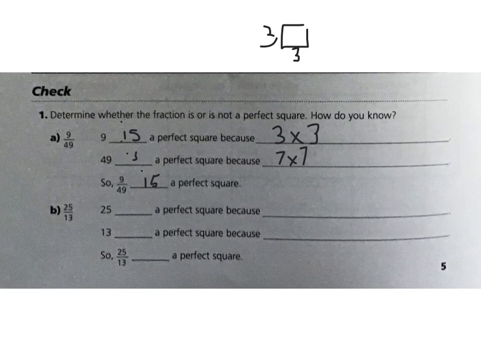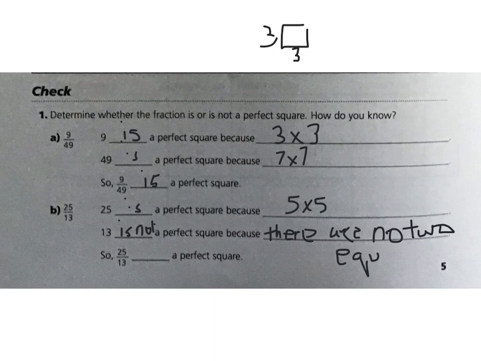25 over 13. 25 is a perfect square, so that's made by 5 times 5. But 13 is not a perfect square. It's not on our list, because there are no 2 equal factors.